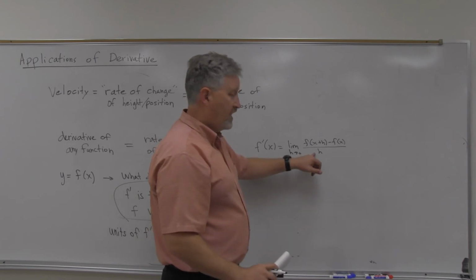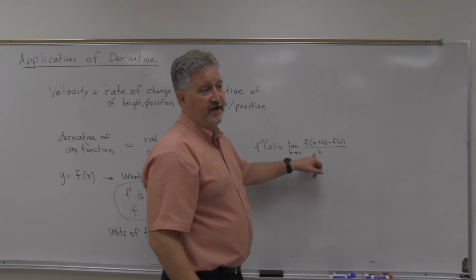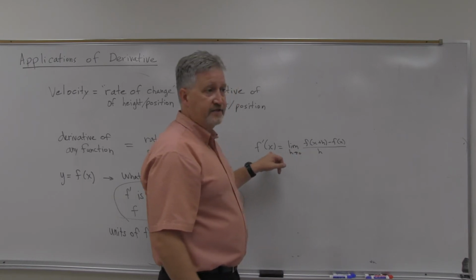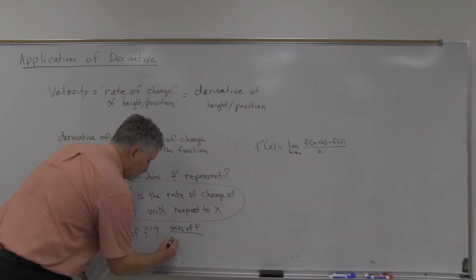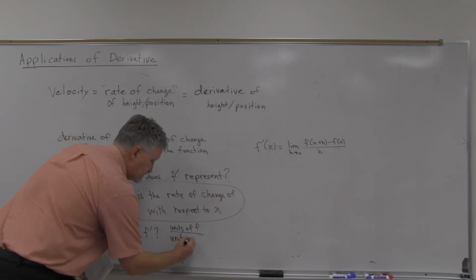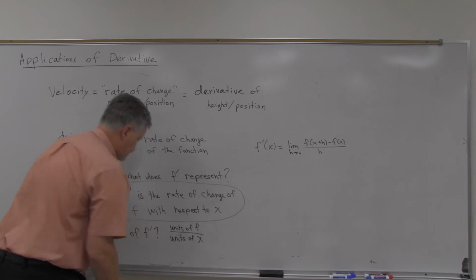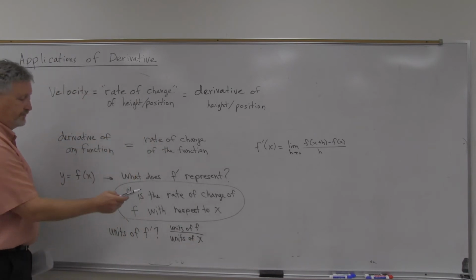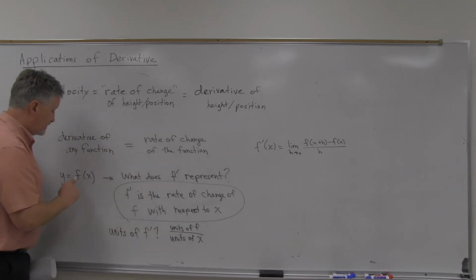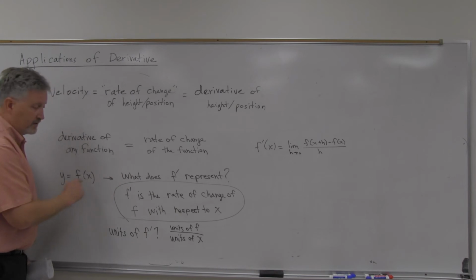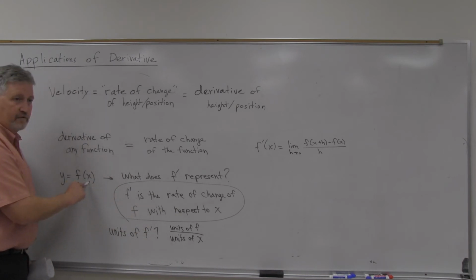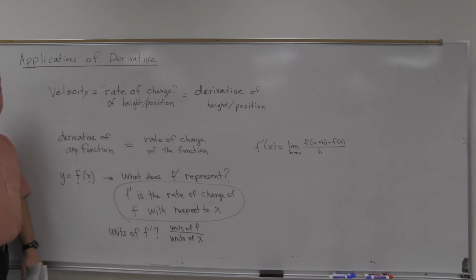So the h units are the units of x, whatever the x is here. And so whatever your function is, the derivative units will be the units of the function you start with divided by the units of whatever the x is. And it could very well not be x.